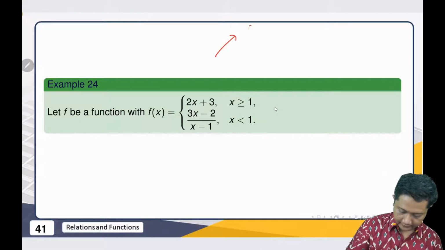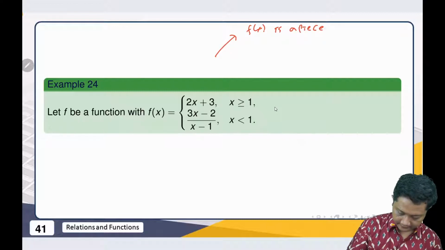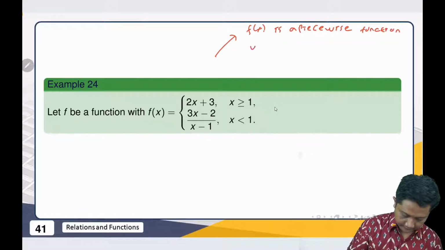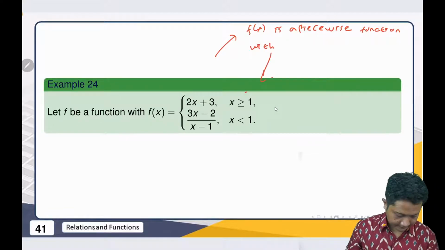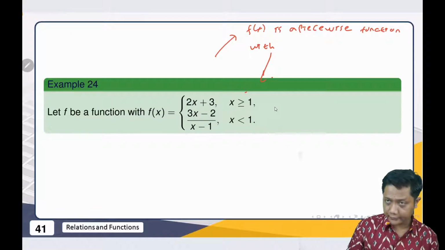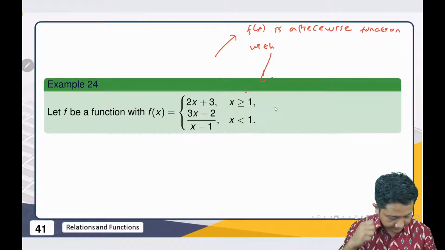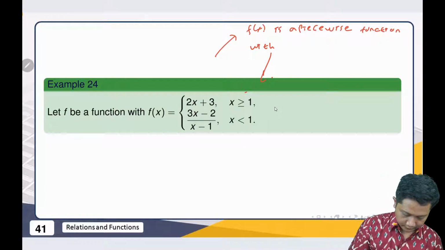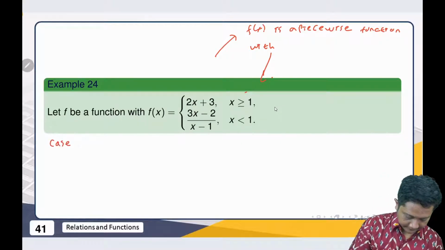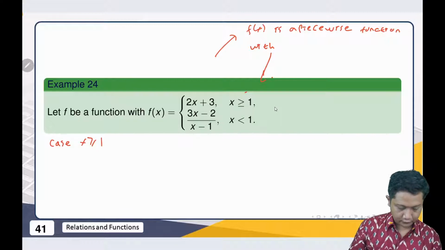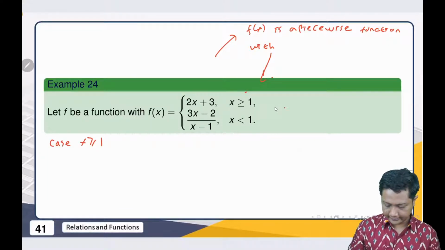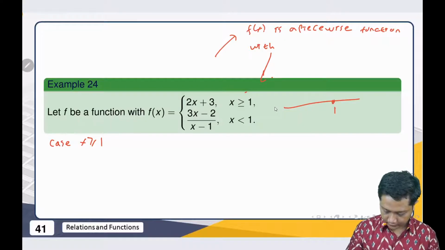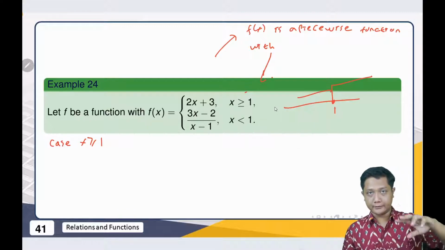So we have f(x) as a piecewise function with this condition. So we have to divide into several cases. Case 1, when x is greater than or equal to 1, and then the other one is another case, so we divide it into 2 cases.